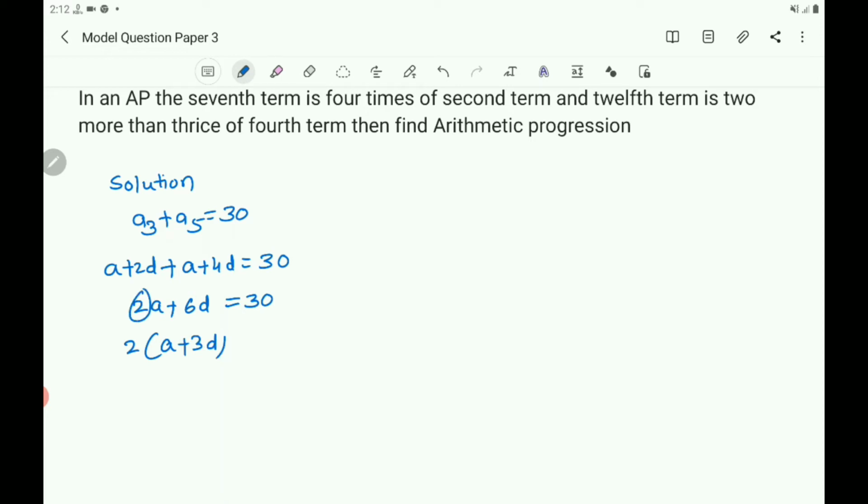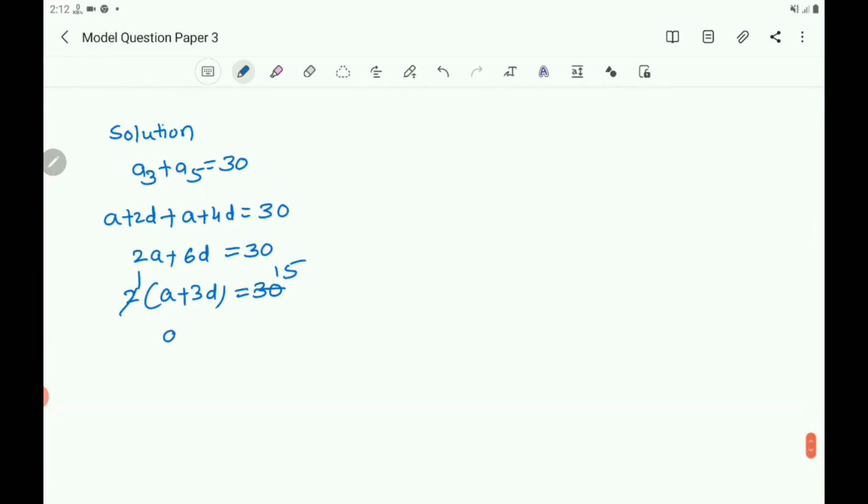Here 2 is taken outside. So 2 into A is 2A. And 2 into 3D is 6D. So here 2 is outside. In the bracket you will get A plus 3D, that equals 30. Then you can cancel: 2 1s are 2, 2 15s are 30. You got A plus 3D equals 15.